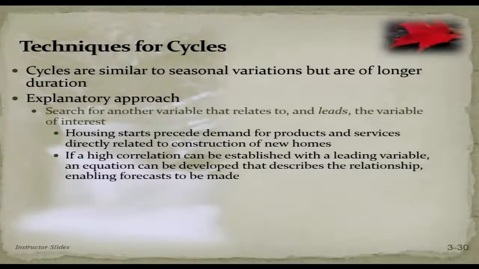We can use an explanatory approach to capture cycle. We search for another variable which is related to and sometimes leads the variable of interest. For example, the demand for housing is related to the construction of new homes. Makes sense, right?